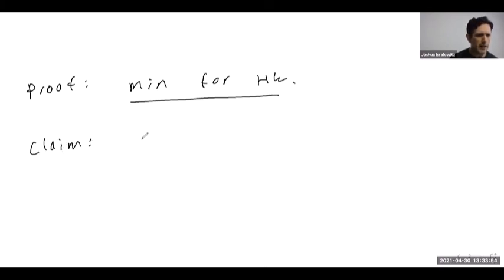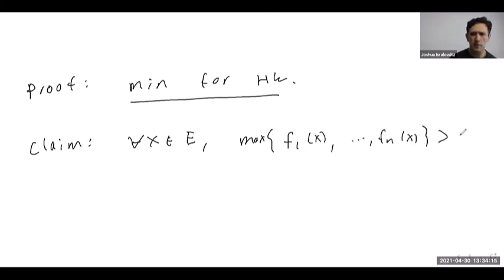So I claim that for any x in E, the maximum of all of these is bigger than C, for some C positive. So let's just say C is something positive.